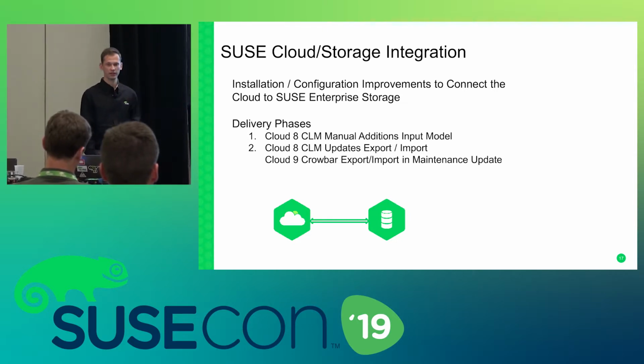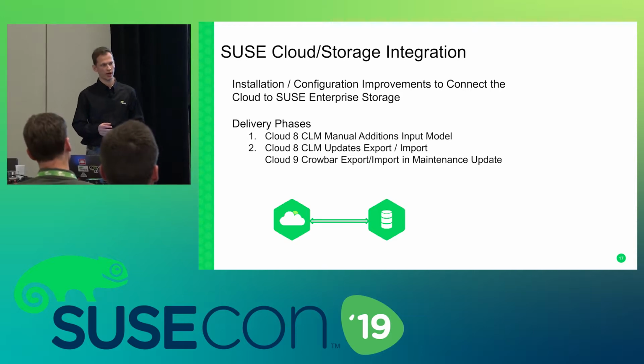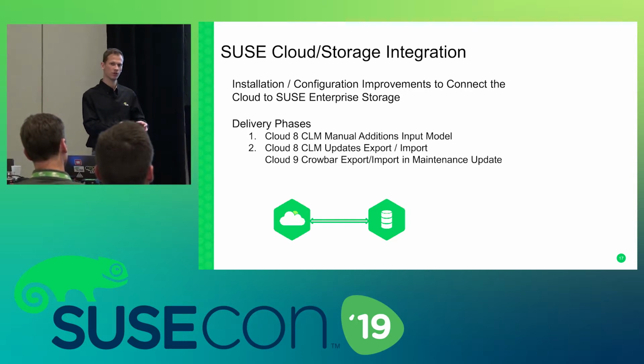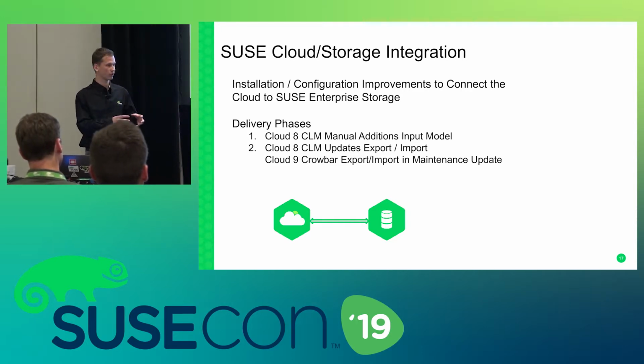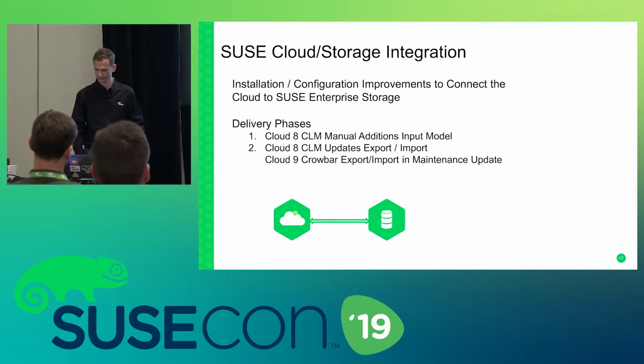What we just recently delivered as an update to Cloud 8 is the export-import feature, which means you export the SES configuration from SES, place it in a special location on your CLM control node, the deployer node, and then CLM will take this configuration and automatically configure all the OpenStack components.